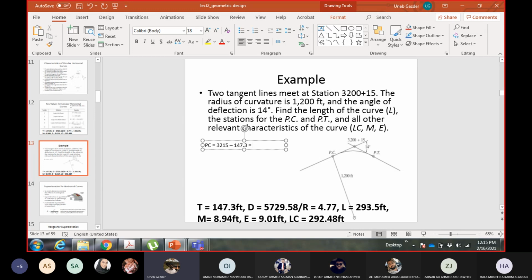So how much will it be in terms of distance? 3067.7.